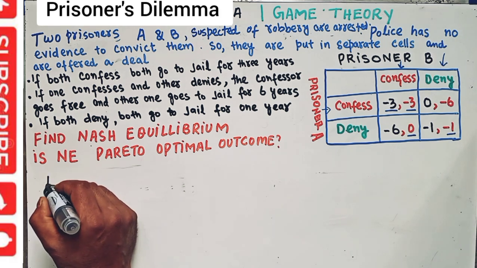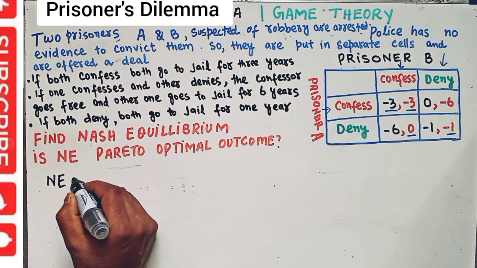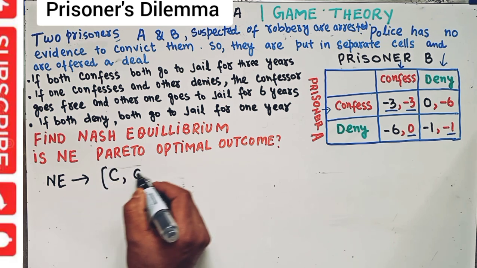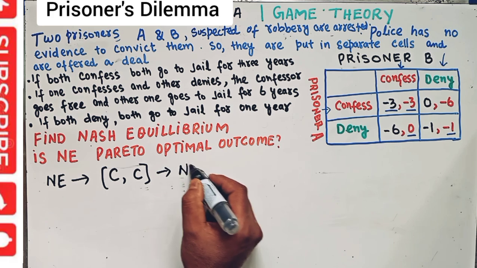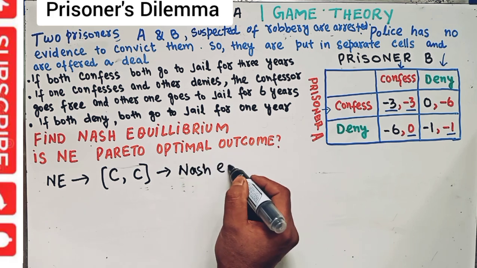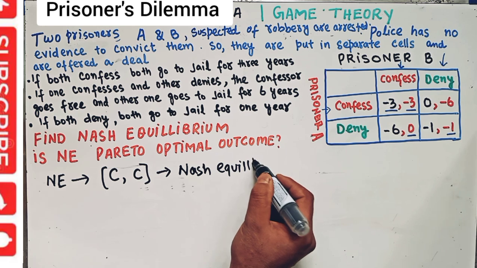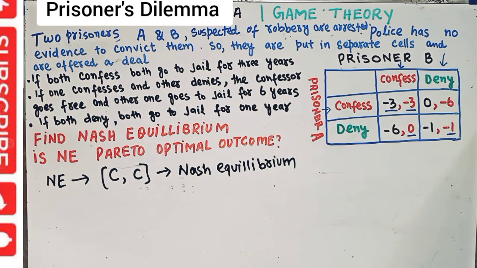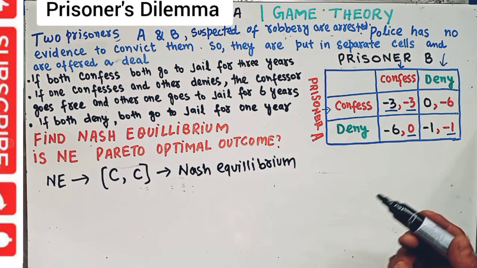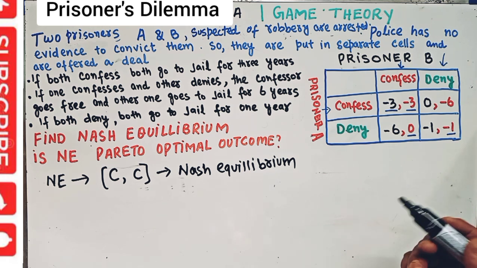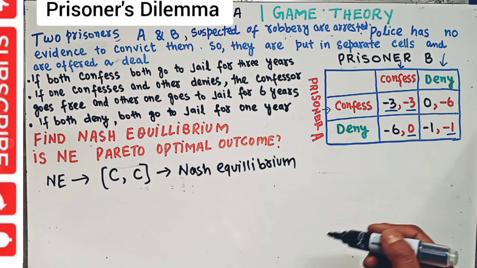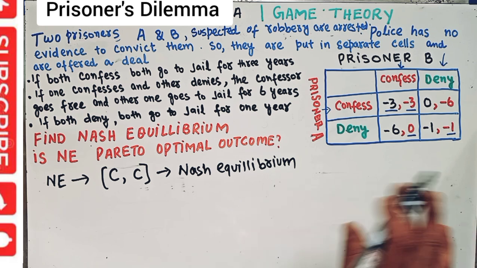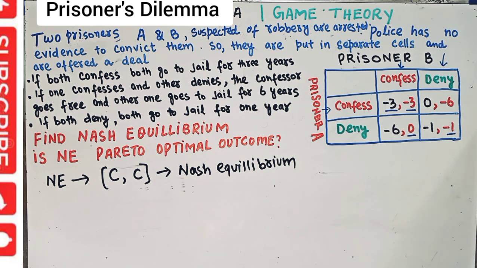The Nash equilibrium here is when both confess, C and C. By Nash equilibrium, as I have told you, it is a situation when each player chooses an optimal strategy given the other player has also played his optimal strategy, or it is a state that gives players no incentive to deviate from their initial strategy.